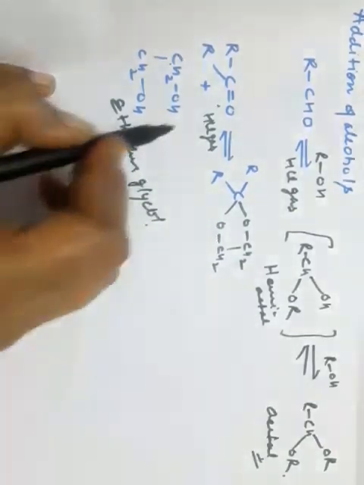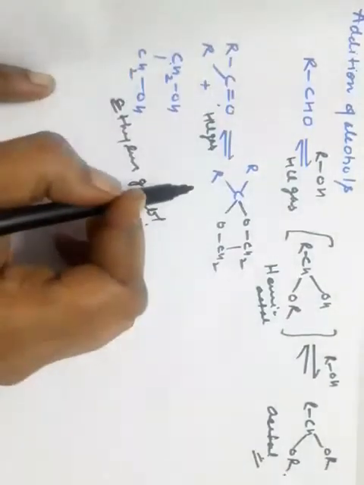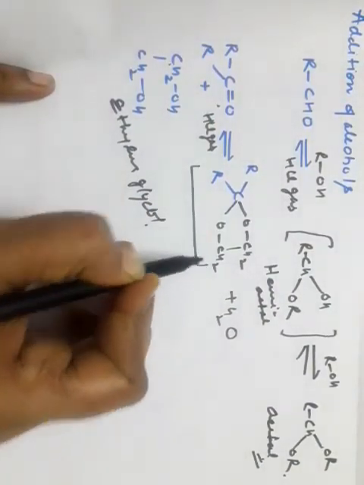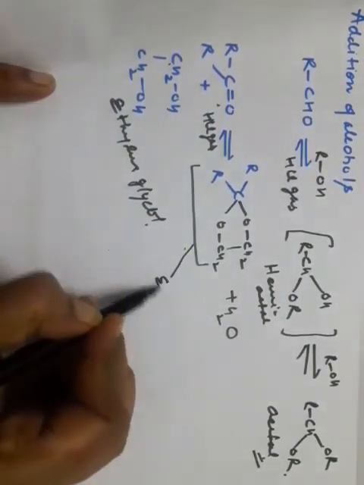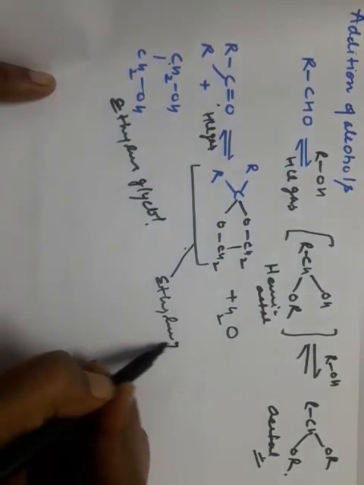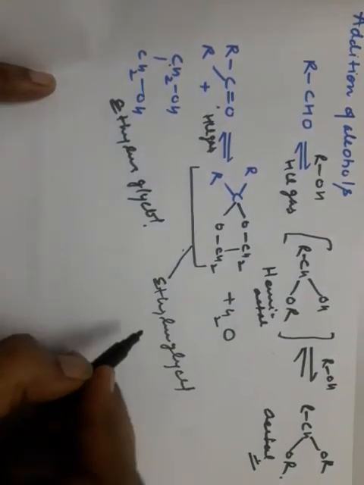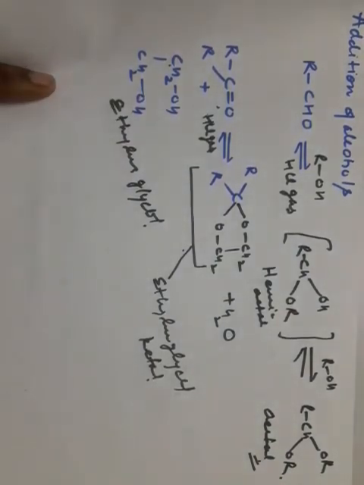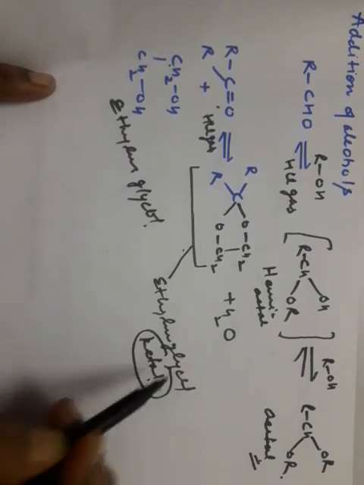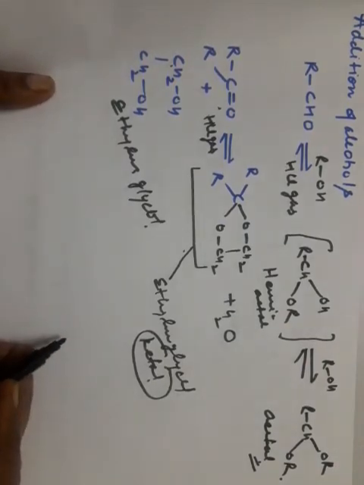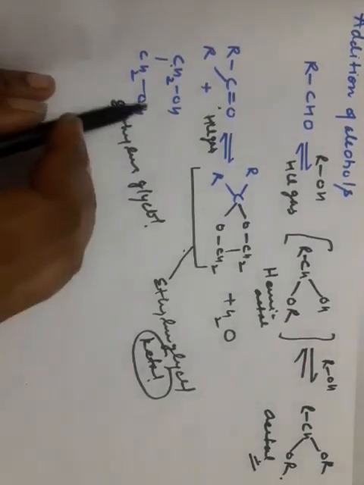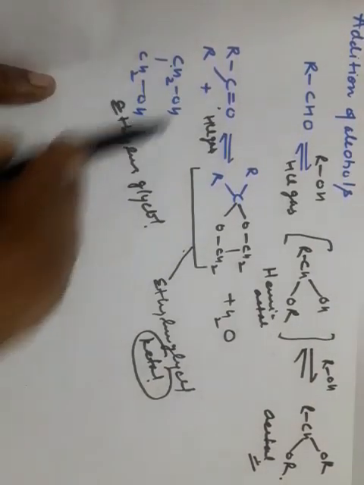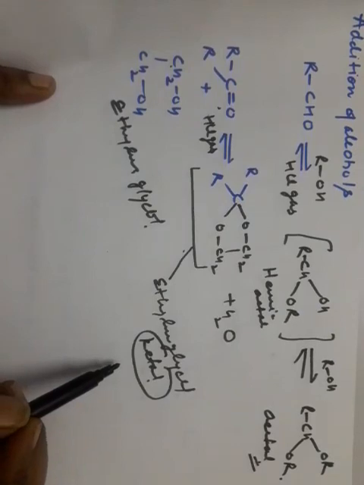The closed compound is formed by a dehydration reaction, with loss of a water molecule, and this closed compound is called ethylene glycol ketal. So when ketones react with ethylene glycol, ketals are formed, and these reactions are generally asked in your paper. You should know when aldehyde gives acetal and when ketones give ketal.